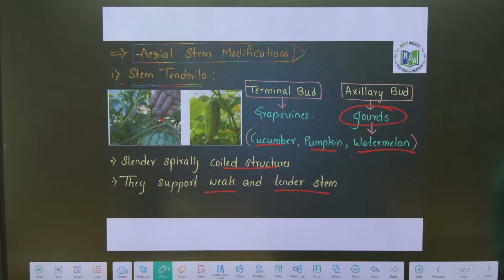Good, Abdul. Revise all the examples, ma.